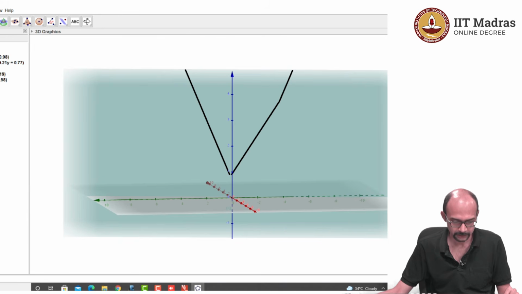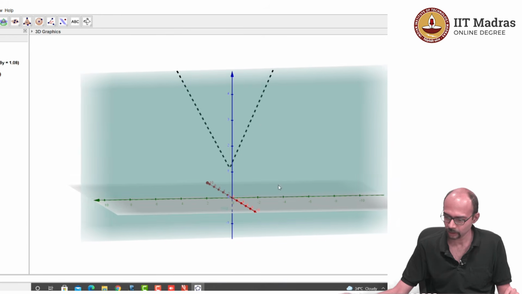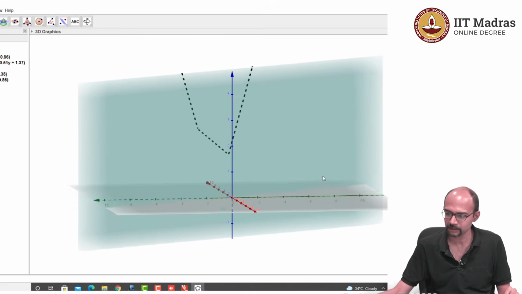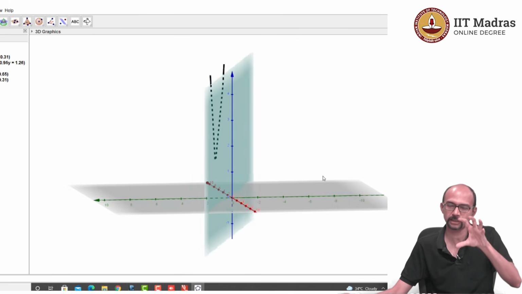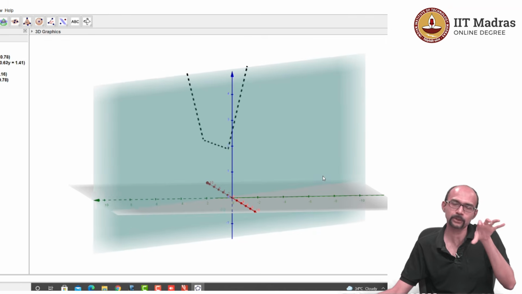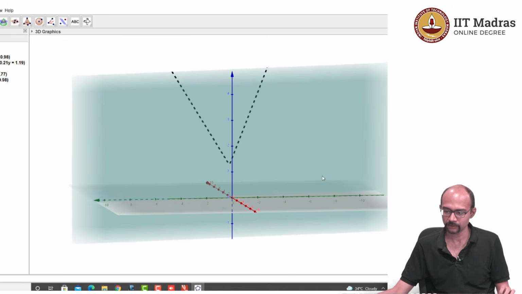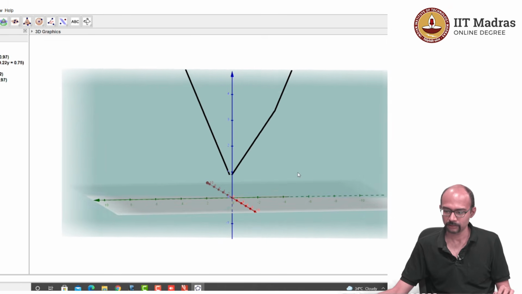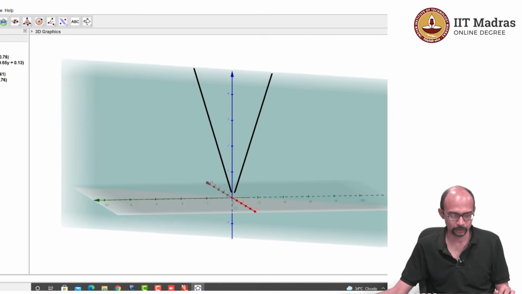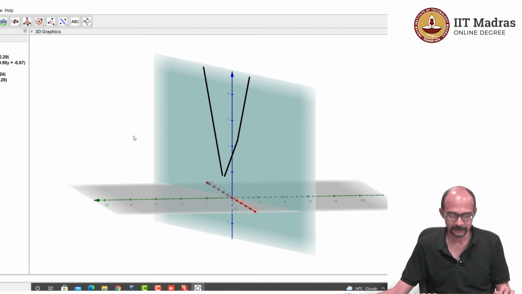So, let us switch this animation on, and you can see it looks very much like the mod x plus mod y. See, it always has some jagged part. So, if you are at those points, you will have trouble. Okay. Yeah. So, I hope this animation convinces you that there is a lot of places, and a lot of directions in which the tangent will not exist.